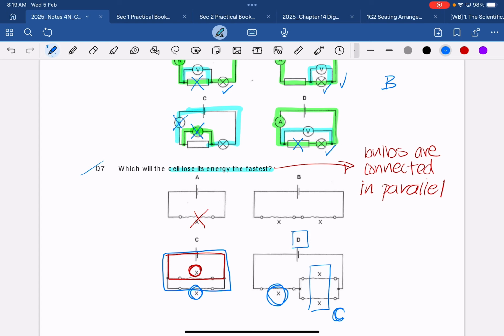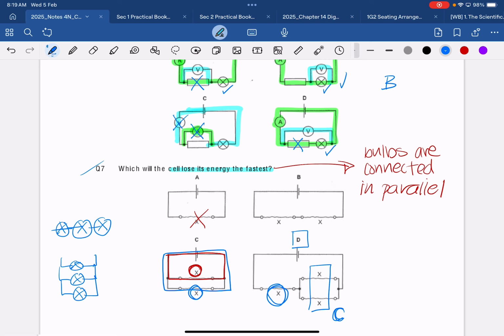Okay, during the exam, this kind of question will not happen. They will most likely put in the same number of light bulbs, with all different variations. They can put one like that, like that, like that. The other one is like that, and like that.